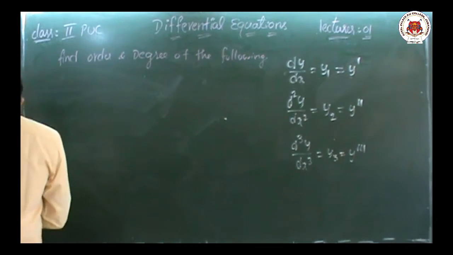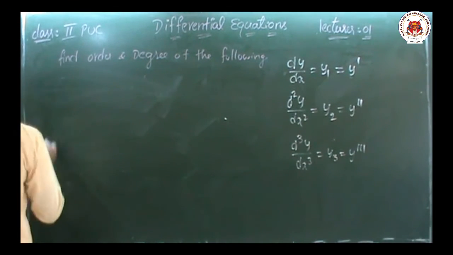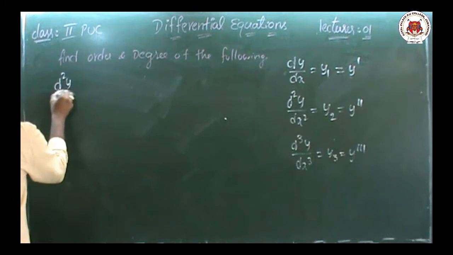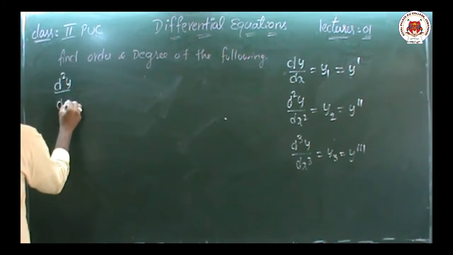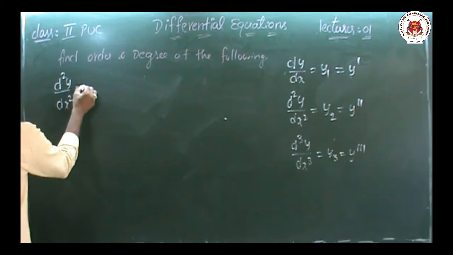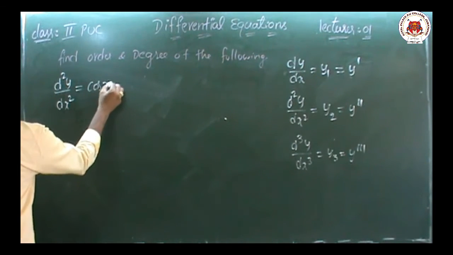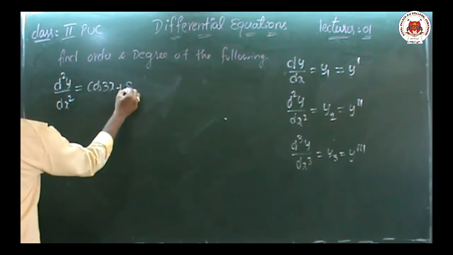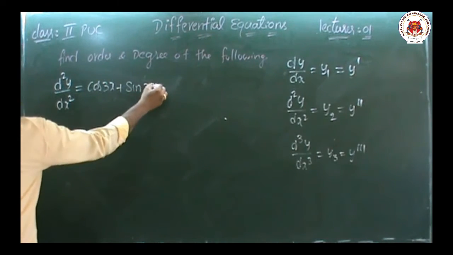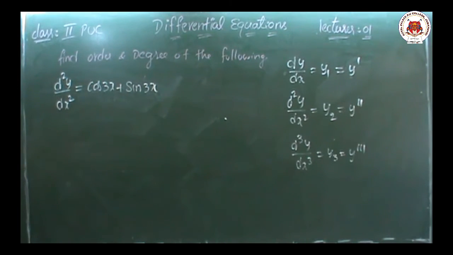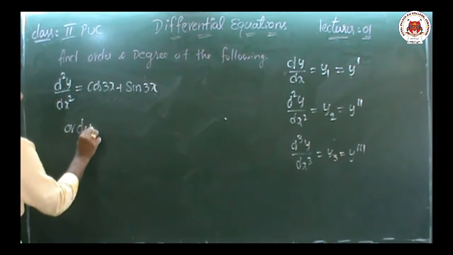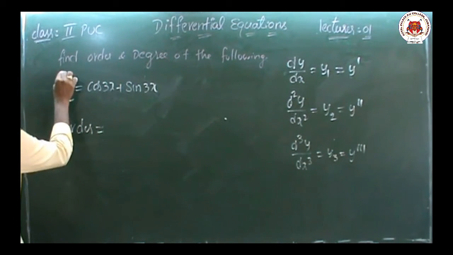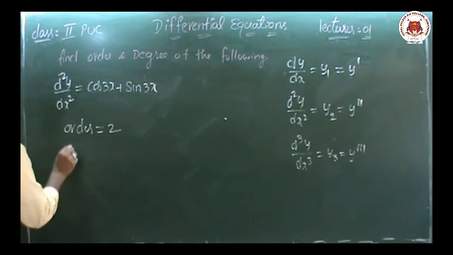The next question is d square y by dx square is equal to cos of 3x plus sine of 3x. First of all, the order: 2 times differentiating, so order equal to 2. Then what about the degree?